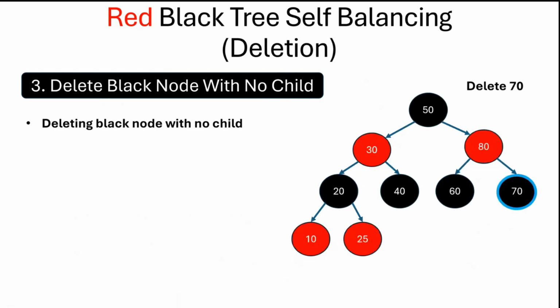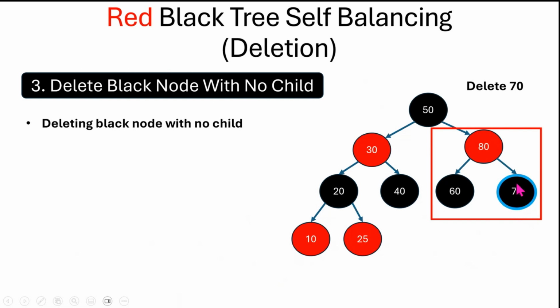Now the problem is, if we delete the black node with no child, then it gets replaced with the null child. So it basically gets replaced with a black node only, right? And it causes the height problem for this path. And we don't have any other node, like the red node in the previous case, which we can just recolor and fix it.